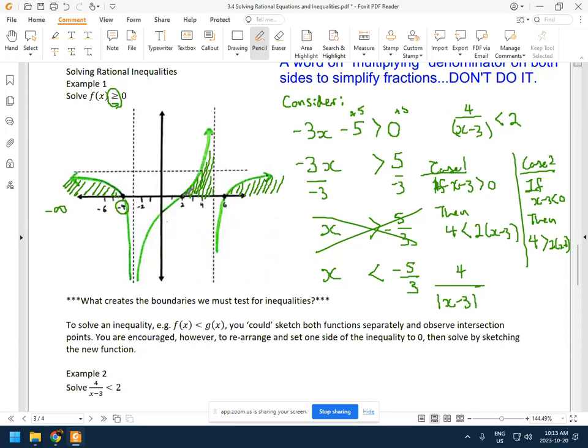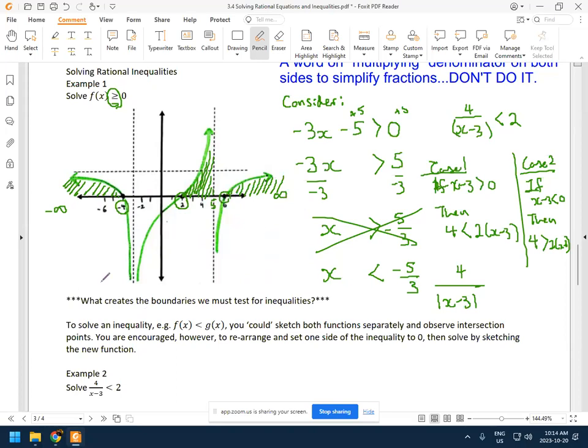It goes from 2 to 5, includes 2, but does not include 5, because it's an asymptote. And then from 6 to infinity, includes 6, and infinity, you know how to deal with that.